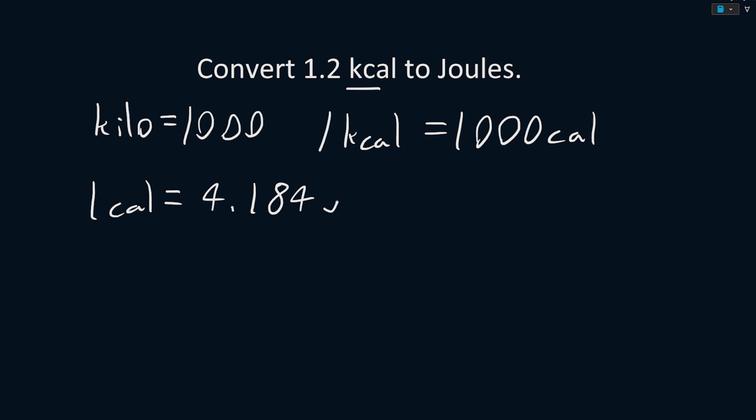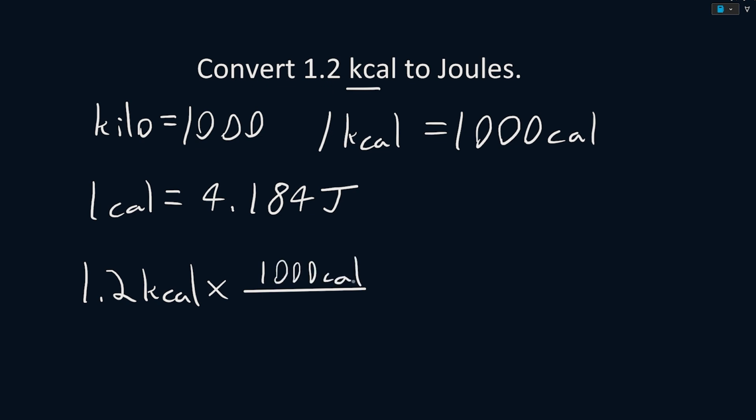So to convert 1.2 kilocalories to joules, we need to first convert from kilocalories to calories by multiplying through our conversion factor of 1,000 calories per 1 kilocalorie.